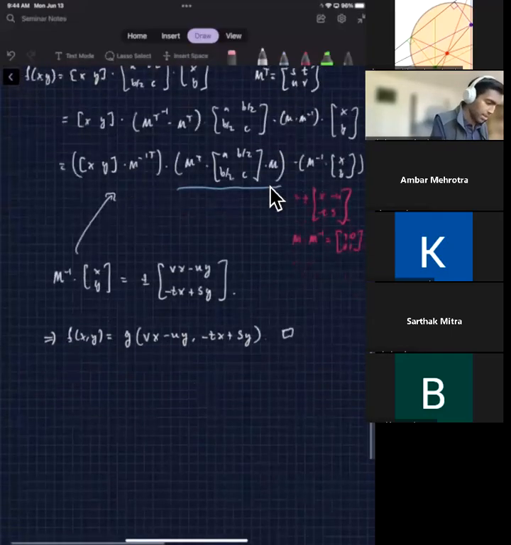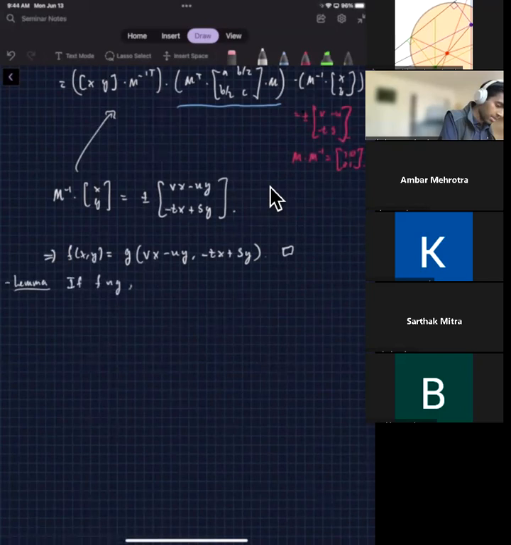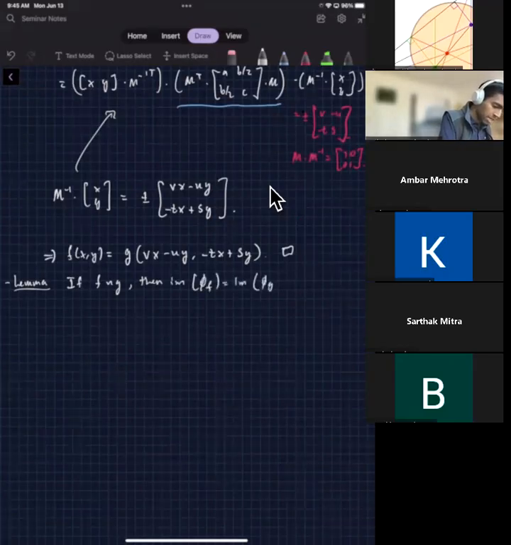Now on to the next little result. Lemma: if f is equivalent to g, then the image of phi f is equal to the image of phi g. So again, let S, U, T, and V be as above.